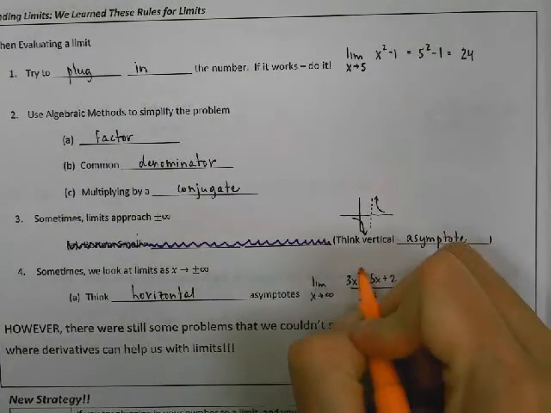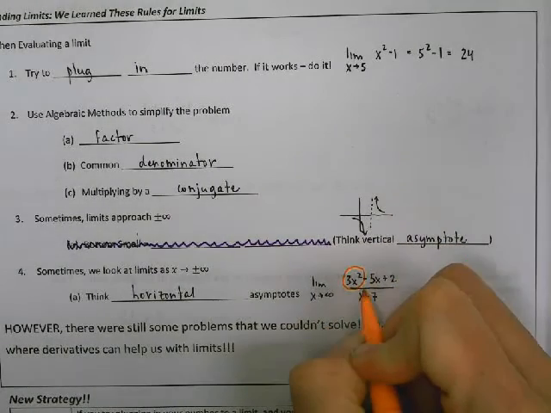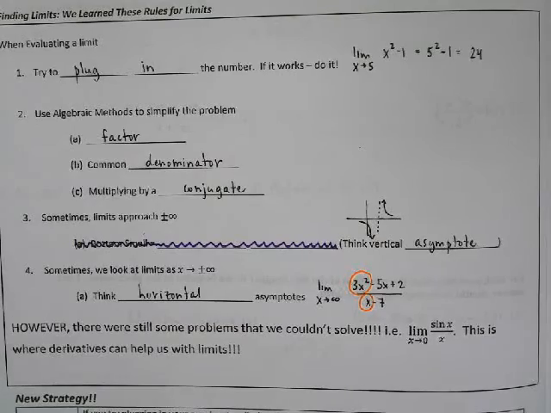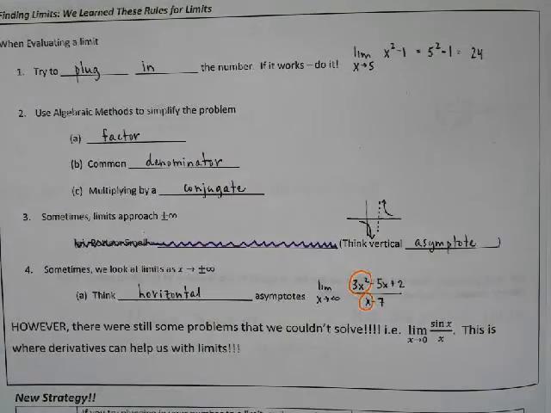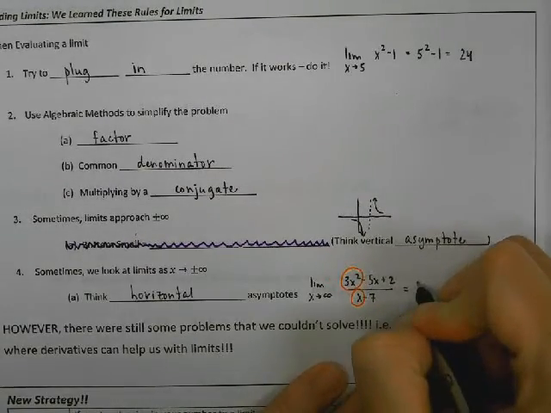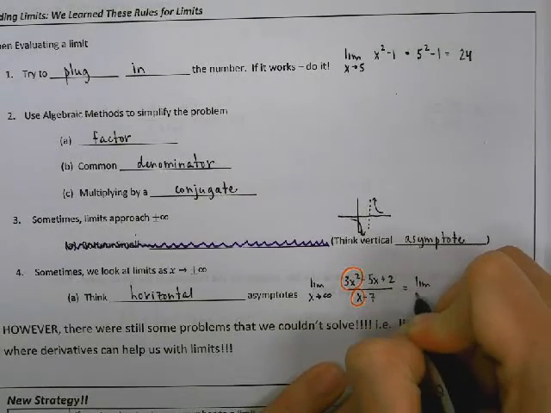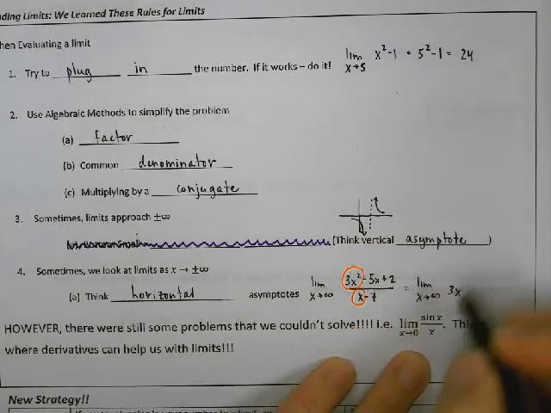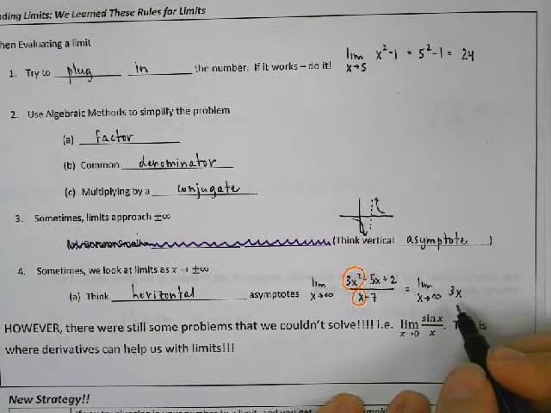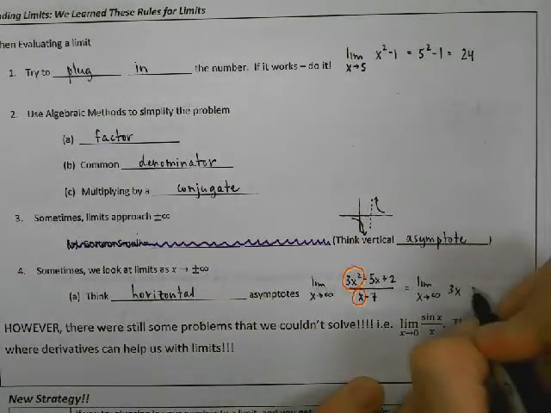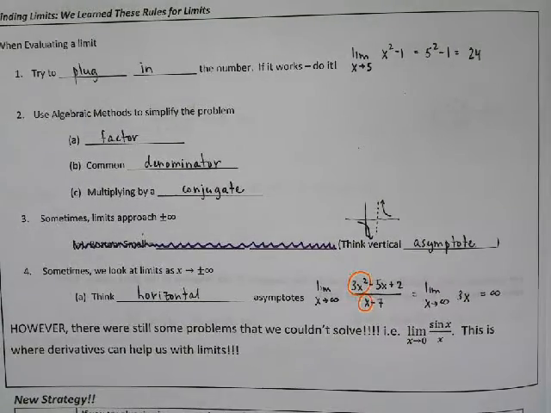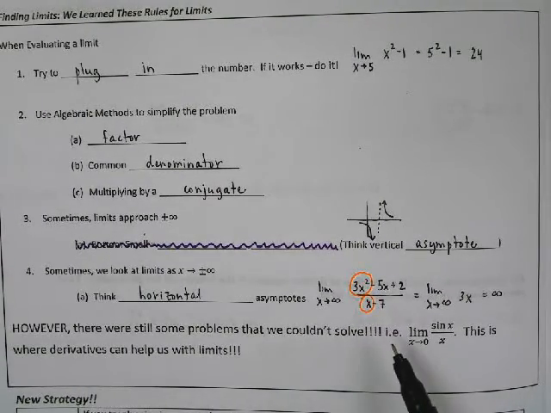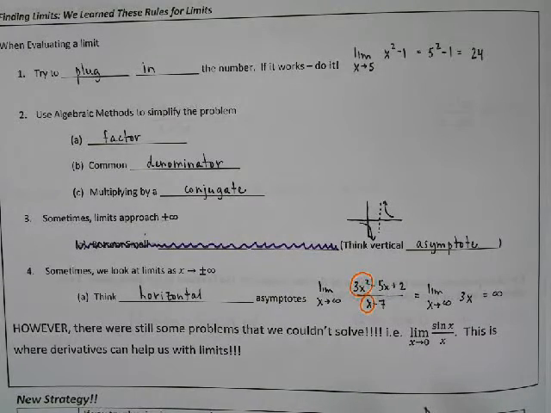What we only really cared about was the highest power in the numerator and the denominator. So if we simplified that, this end behavior is really the same as the limit as x approaches infinity of 3x. And obviously, as x gets larger and larger, that limit is going to go to infinity. So we treated that just like we did when we were considering horizontal asymptotes in pre-calc.